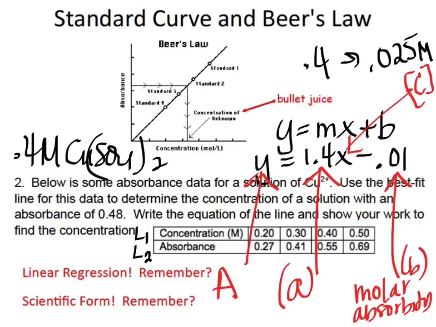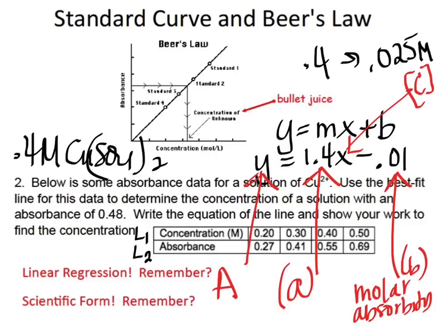Once you get your standard curve and you have your equation, all you're going to do is take your bullet juice, put it into your spectrophotometer, and get an absorbance. And then we can plug that absorbance in to figure out what the concentration of copper is. Okay? So your absorbance right now is 0.48. Tell me, what is the concentration of that copper ion if you plug that into your equation?